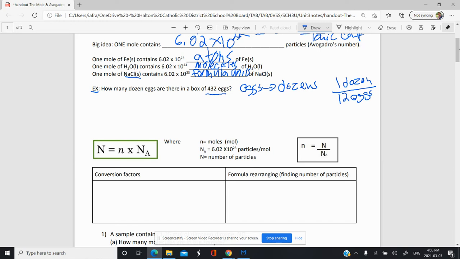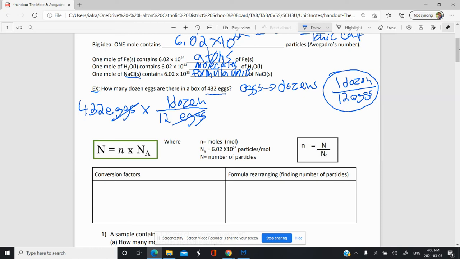So if I have 432 eggs, I can multiply by the conversion factor to figure out how many dozens I have. I can use this conversion factor here, but I'm going to write it with the eggs at the bottom and the dozen on top, because I want to get rid of the eggs unit.